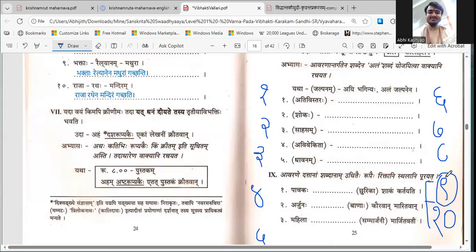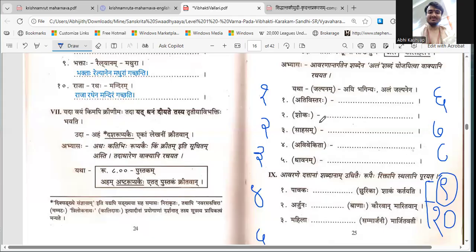Then Ekonashashtihi, 1 less than 60, or Nava Panchashat, that is 59. Both can be presented. So for 60 it is Shashtihi, 70 it is Saptatihi, for 80 it is Ashitihi, then 90 it is Navatihi, and we know that 100 is Shatam.